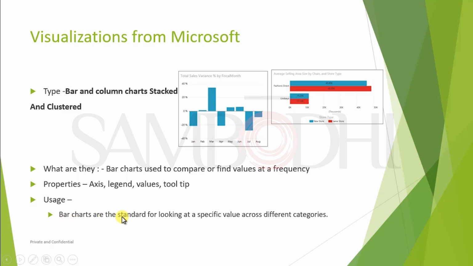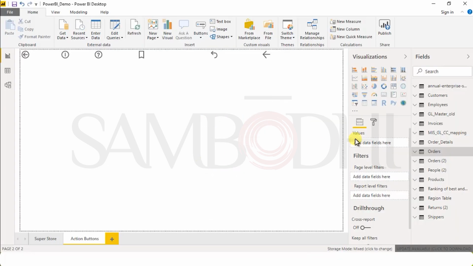So bar charts are the standard for looking at specific values across categories. Let's have a look at this. If you look at the top bar, these are the bar charts. From the image itself, you can see that the color changes over a single group.